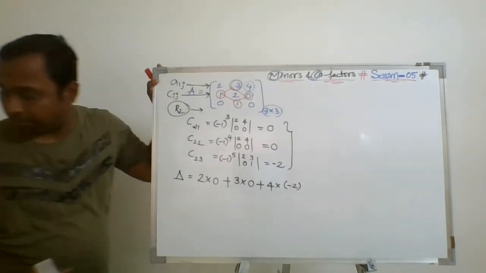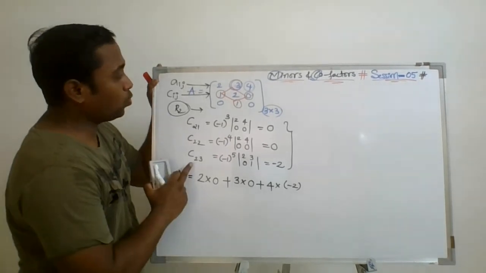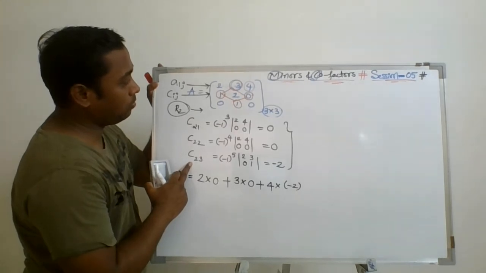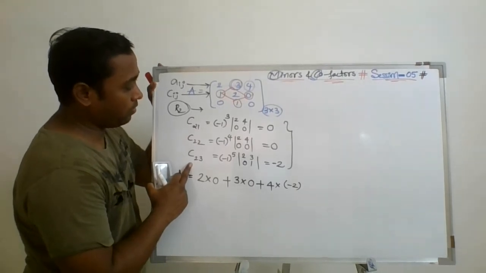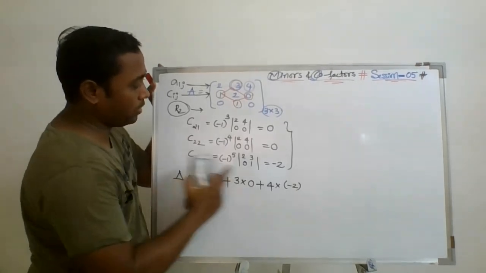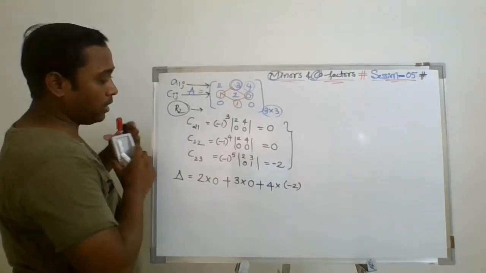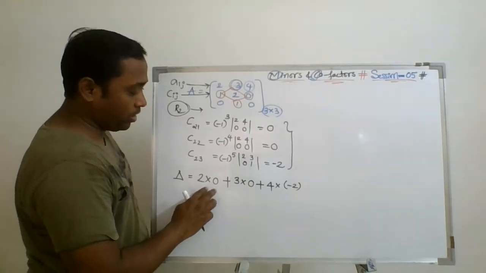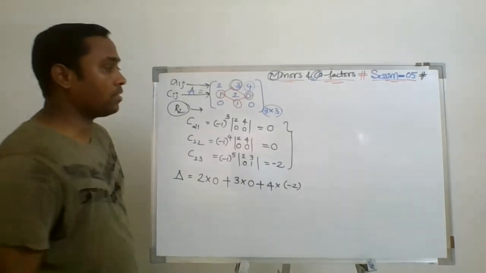Let me see. C23, by eliminating the row and column, you will be getting 2 and 0 into 3 is 0. Minus 1 to the power of 5 is minus 1 into 2, that is minus 2. Now by finding the determinant, simply it is 2 into 0, 3 into 0, it would be 0 only, then the answer must be 0.